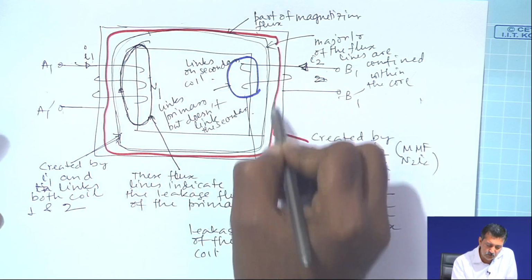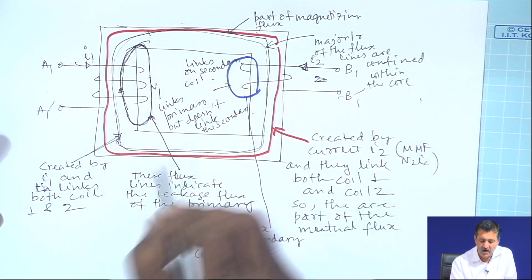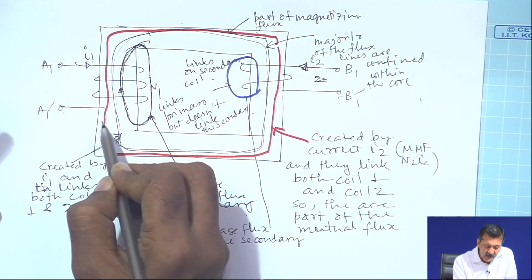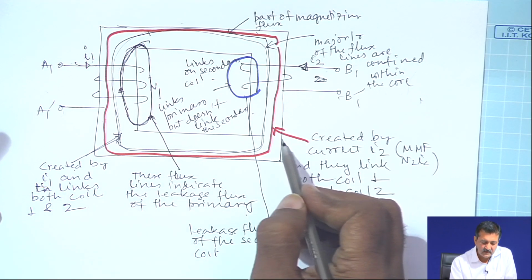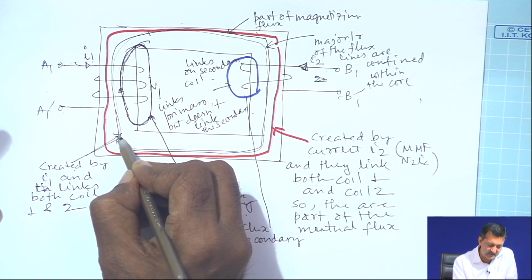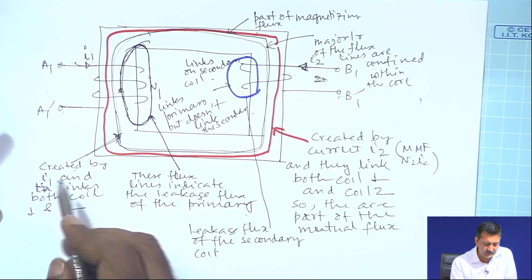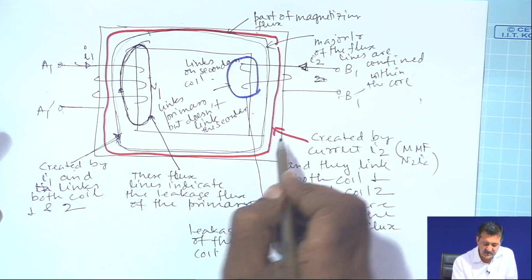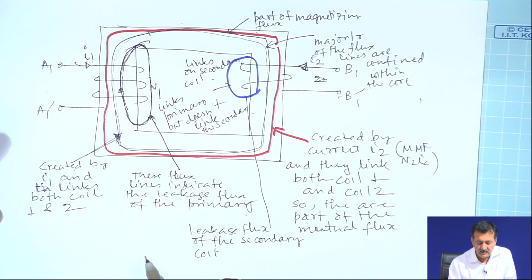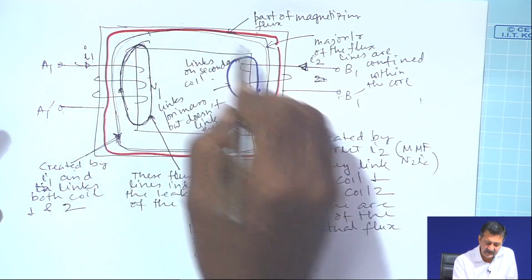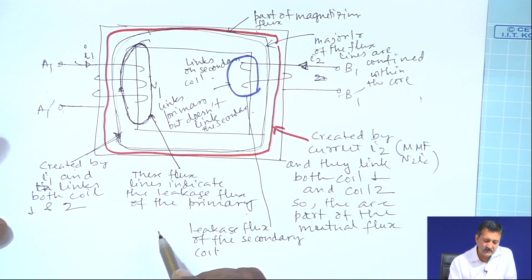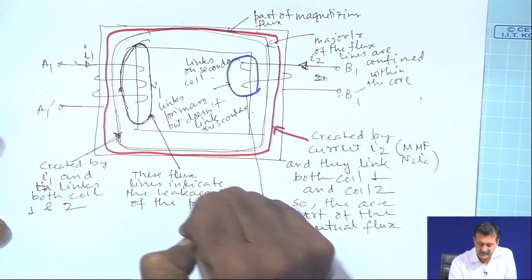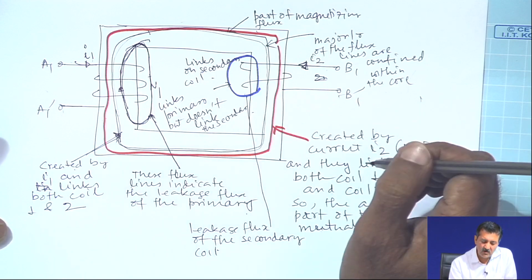But this is mutual flux, because they are linking both the coils, and some part is coming from the primary coil current and some part from the secondary coil. For example, this flux line is due to the current I 1 and this flux line is due to the current I 2, but they are linking both the coils, whereas some flux lines are linking only one coil and not the other, and that flux line is called the leakage flux.